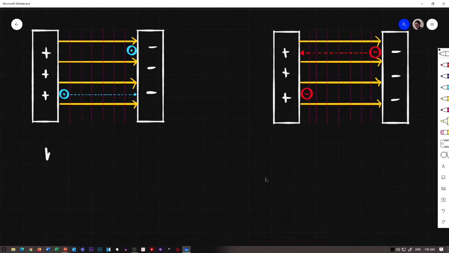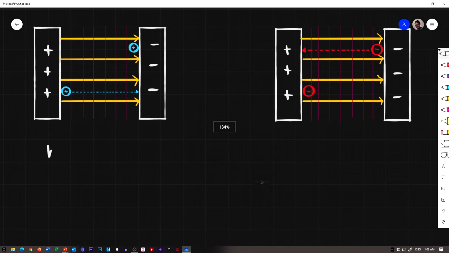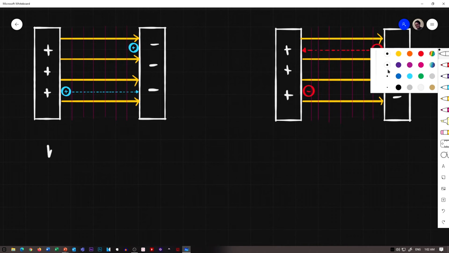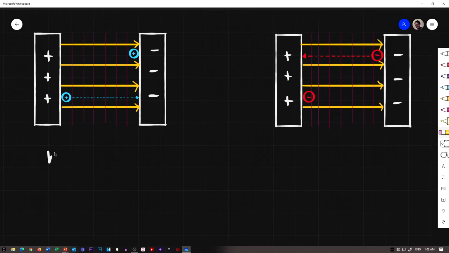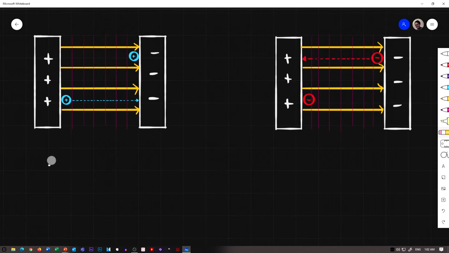is also known as, okay, so let's reduce this. Voltage, having a symbol V, is also known as electric potential.